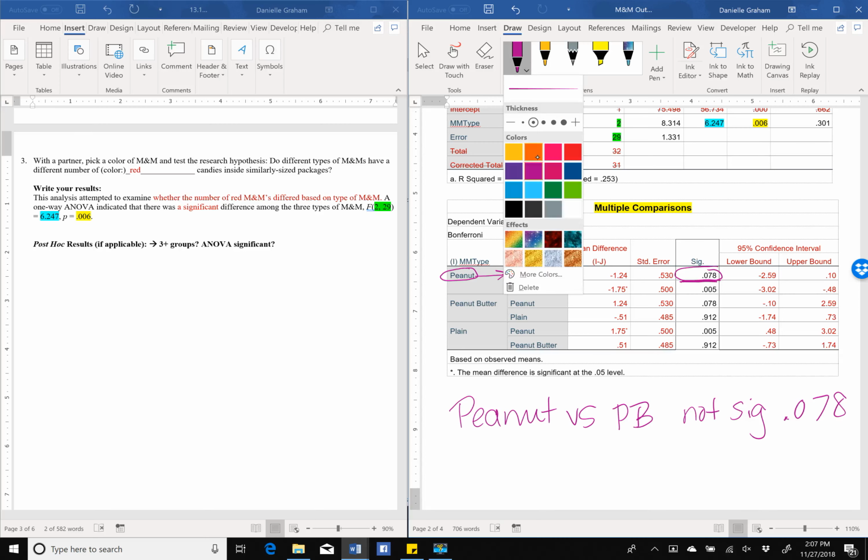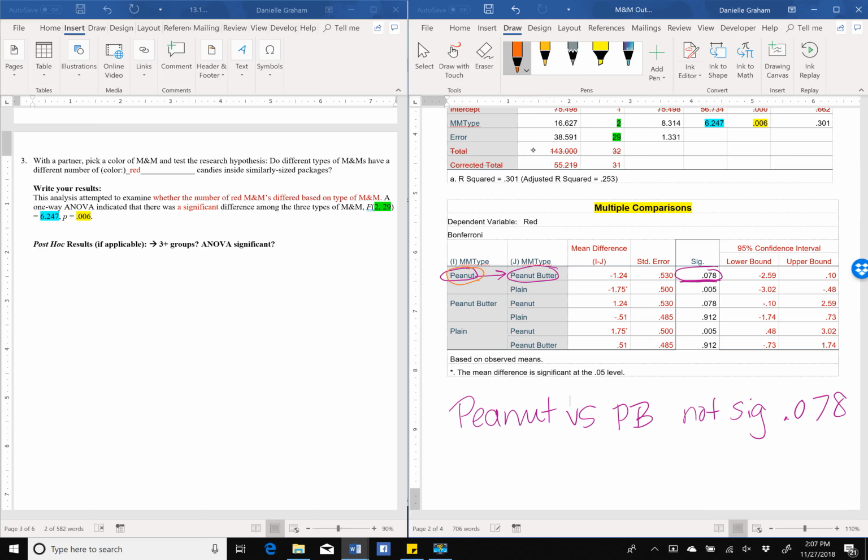Then we want to look at peanut versus plain. Are there significantly different numbers of red M&Ms in peanut versus plain M&M packages? So we come across here and we look at this sig value. Yes, it is significant. So we know peanut versus plain is significant.